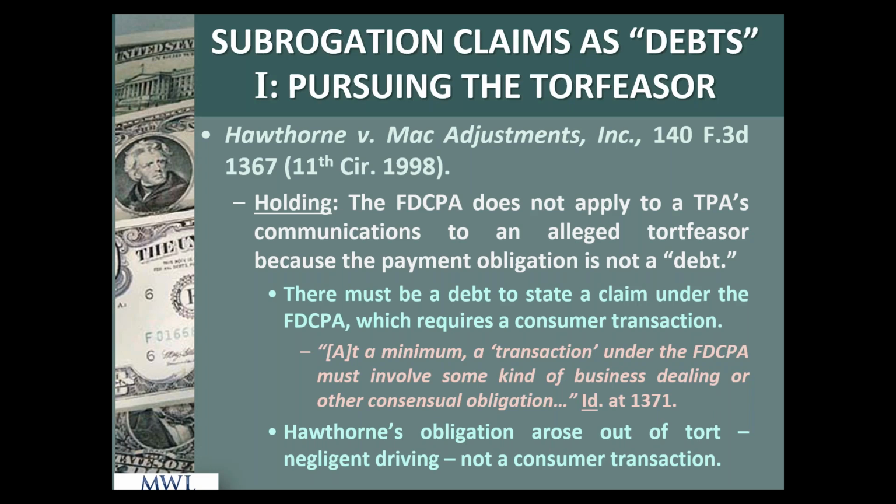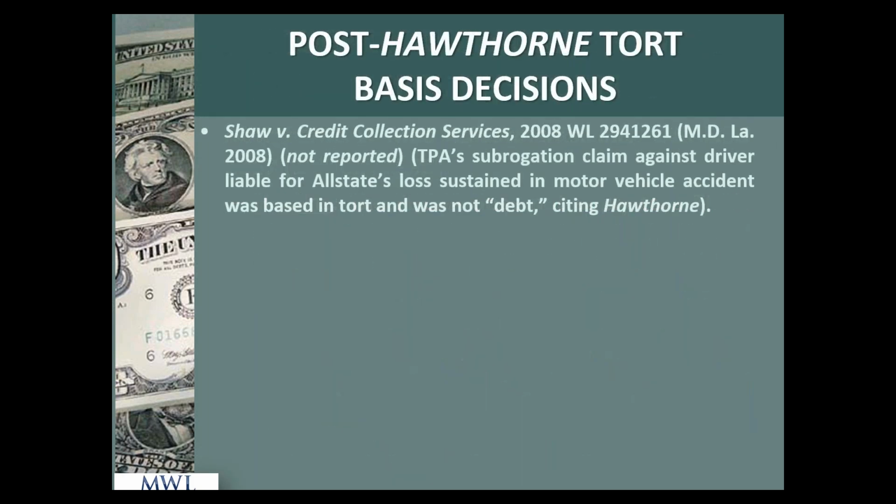So at a minimum, a transaction has to be some kind of business dealing or other consensual obligation, more or less like a contract or some sort of sale. But here the adverse driver's obligation to pay money arose out of a tort, his negligent driving. So we're not talking about a consumer transaction. Therefore, it doesn't make sense to apply this act to this sort of thing.